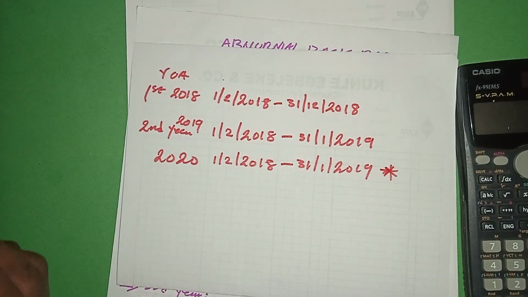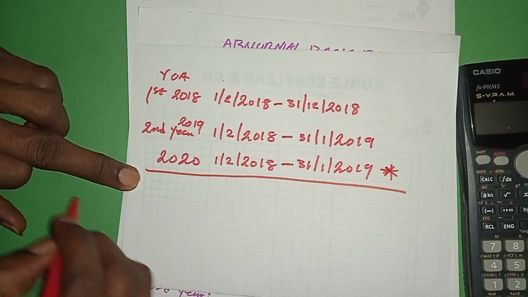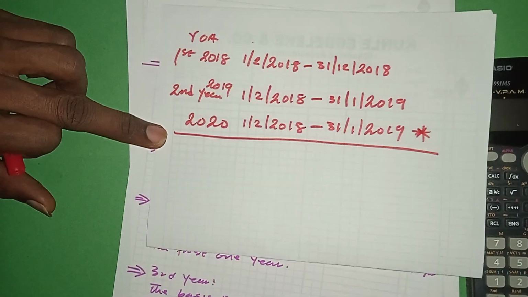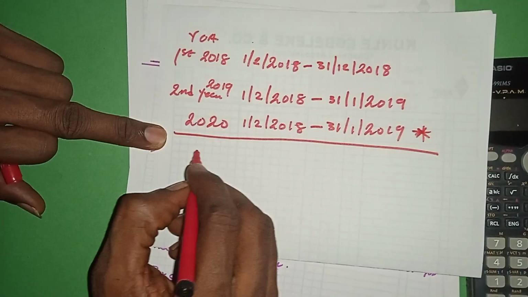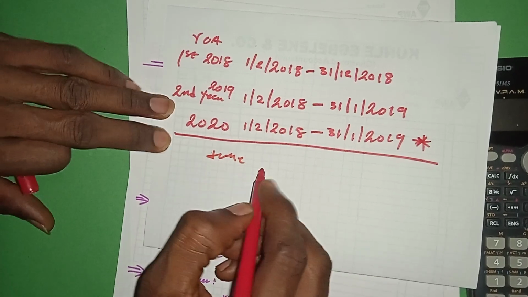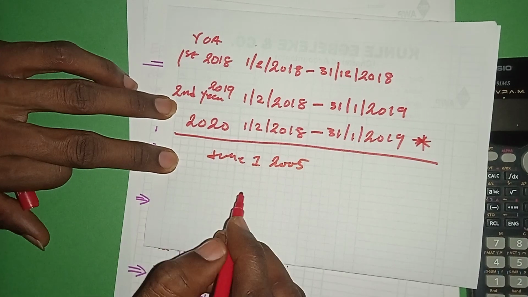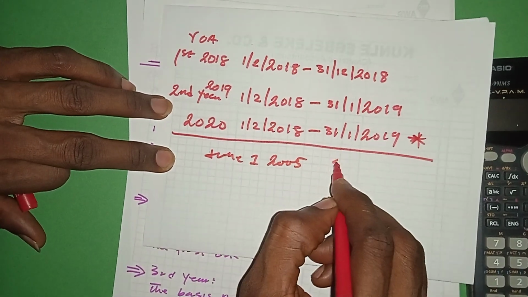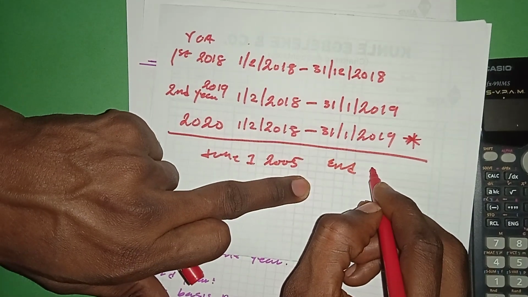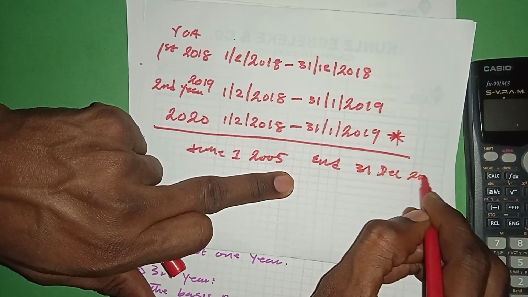Now, let's take one example. A business commenced on 1st June 2005, and ended its accounting date on 31st December 2006.